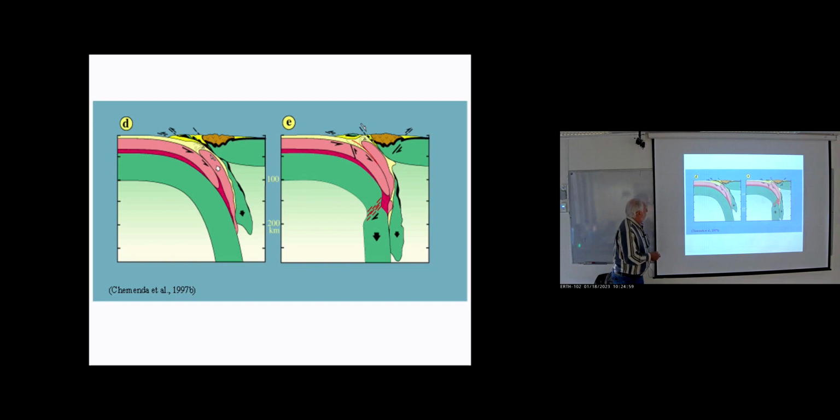This is the result of a numeric experiment run by Chemenda when he was in Grenoble. No, he was in France, in southern France somewhere. And he published several papers on subduction, experiment, analog and numeric.